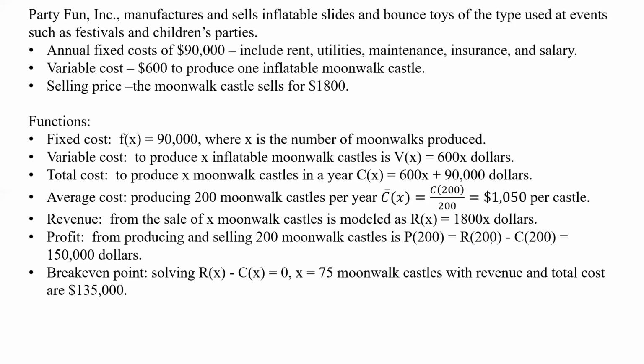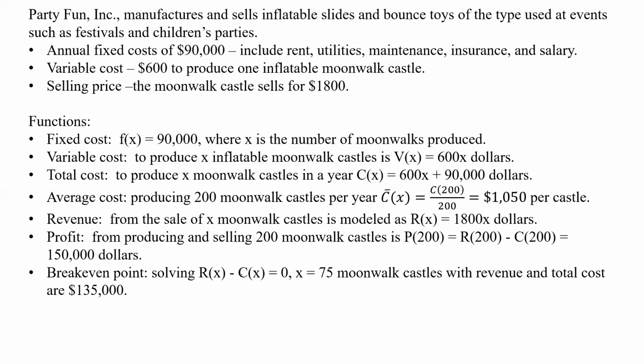And we have to plug in 200 and 200 and get our values. And then we find out that's equal to $150,000. So again, we're just plugging in 200 for R, 200 for C. So here you put 200, get that value, 200 here and get that value, and subtract them, we get $150,000.